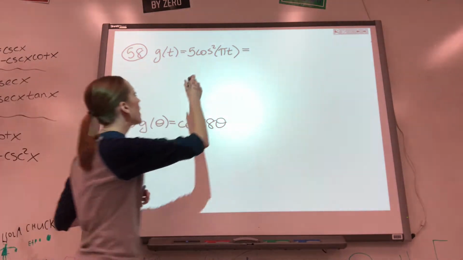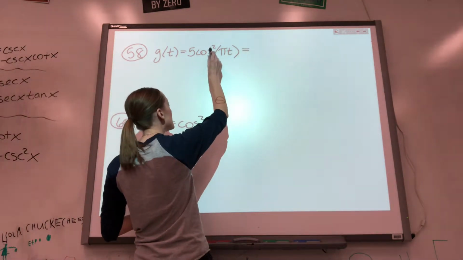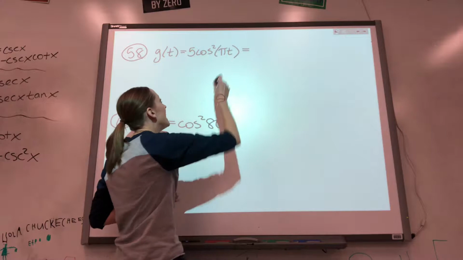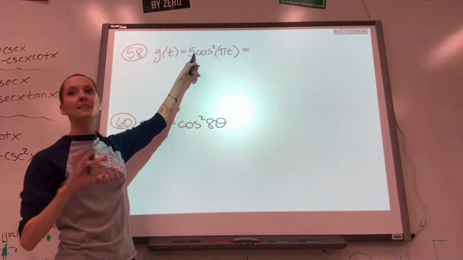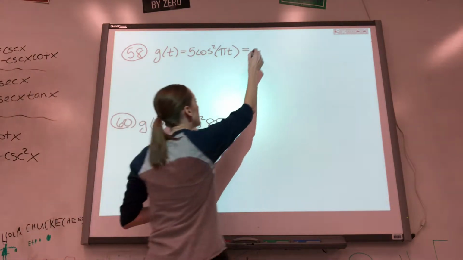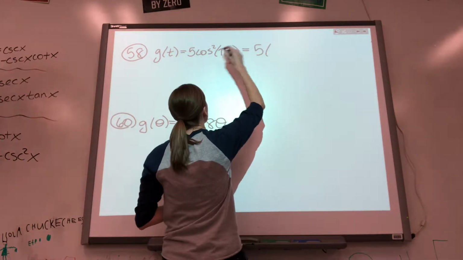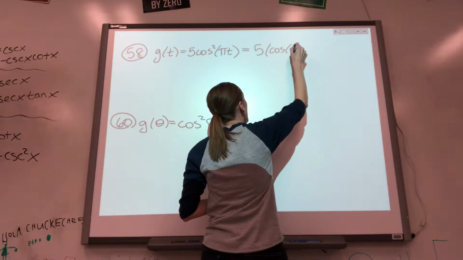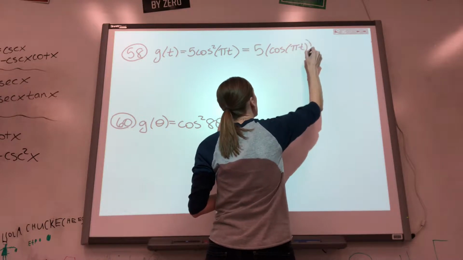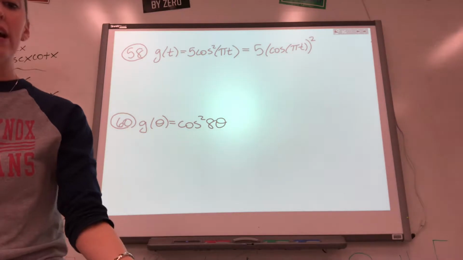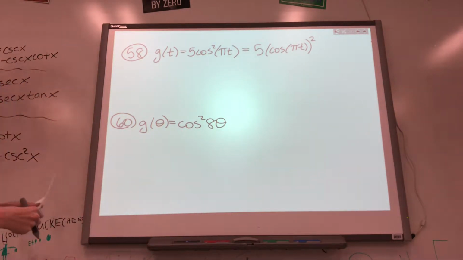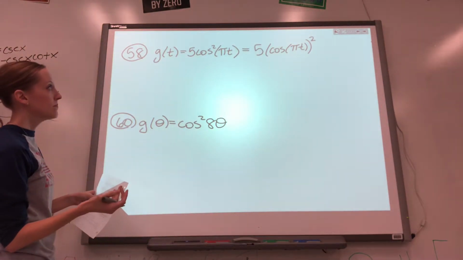Now, when I rewrite this, the cosine of pi t is being squared, but the 5 is not being squared. So I would actually keep that 5 out front and rewrite it as 5 times cosine of pi t, squared.